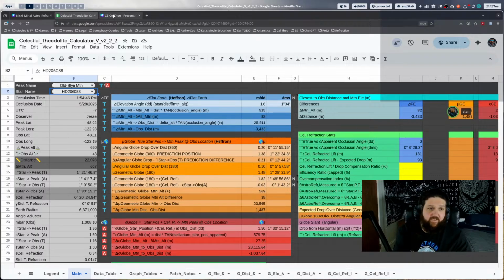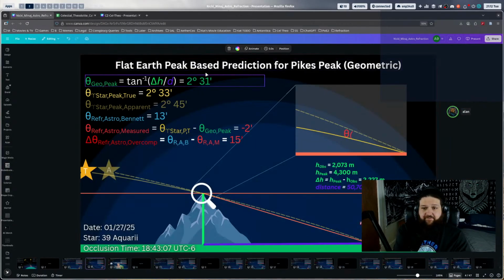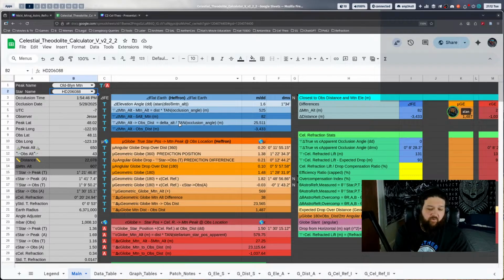But what actually happens is the star had to get within 7 arc minutes of the peak before it was visible. So that fully substantiates our position that refraction isn't lifting things up 1-to-1 in the way that it's required for them to have their belief system.